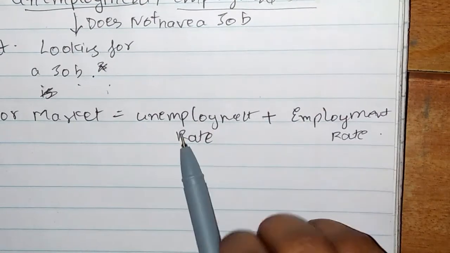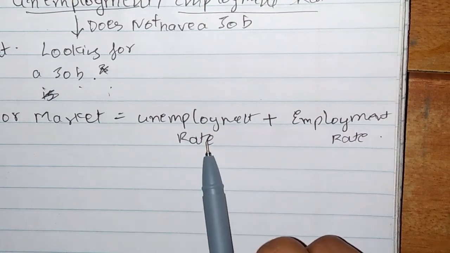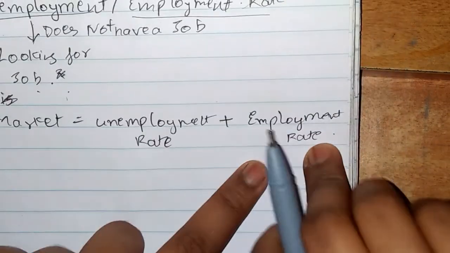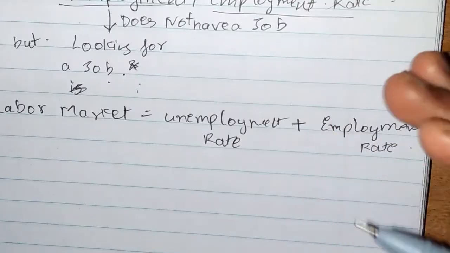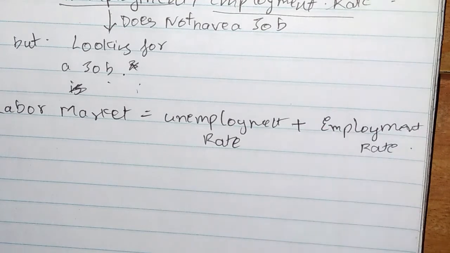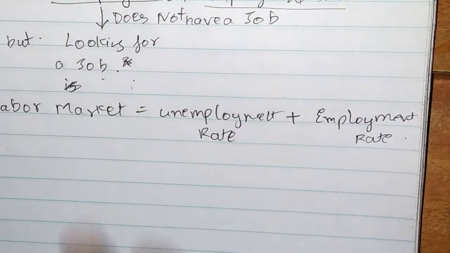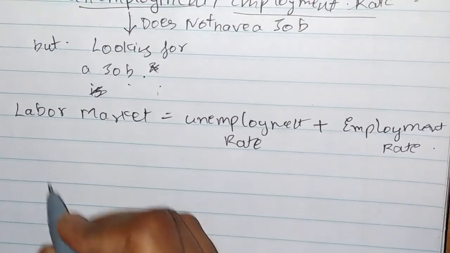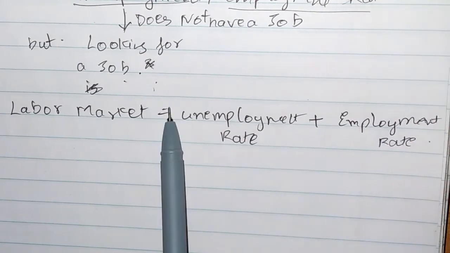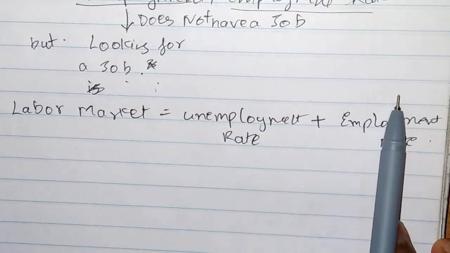For example, the person who is unemployed does not have a job, but he is looking for one, which means he is actively participating in the labor market. And the person who is employed is already working in the market, contributing to the labor market. So the labor market is the sum of the actively participating people.